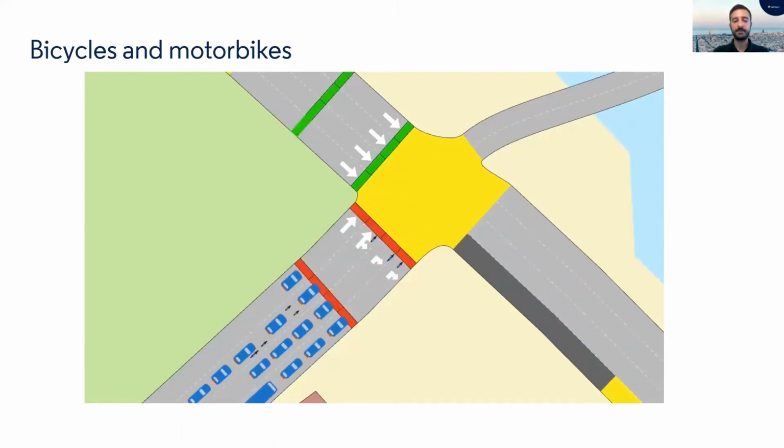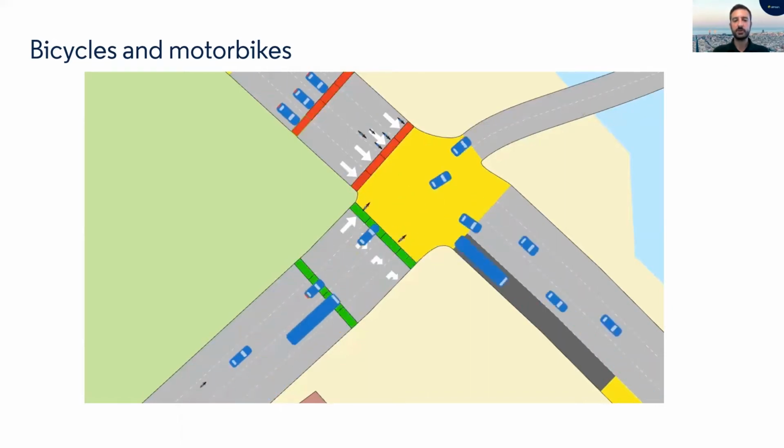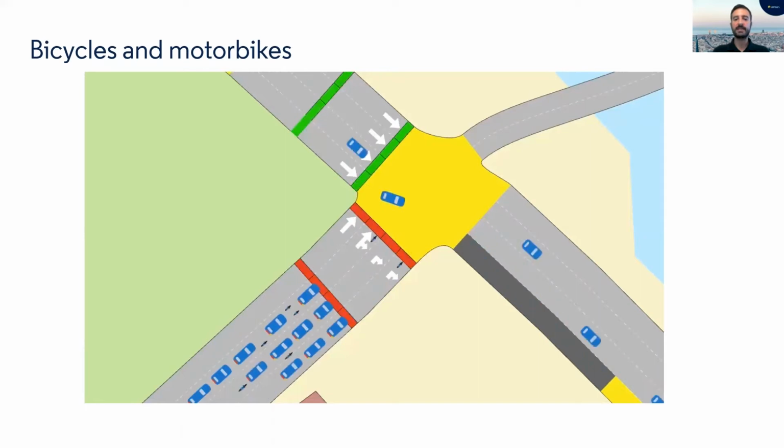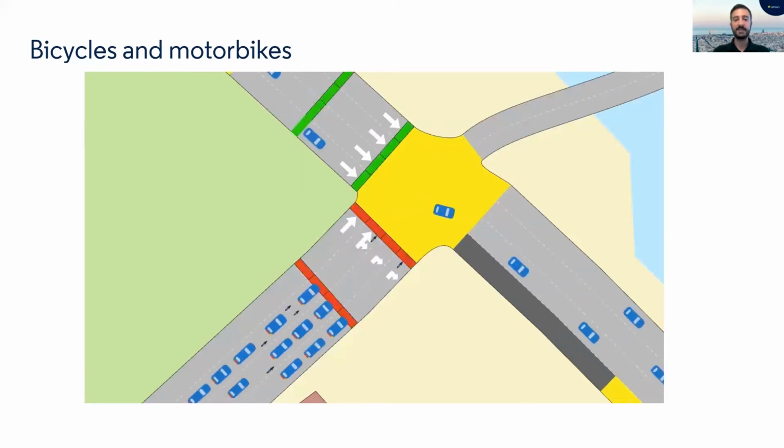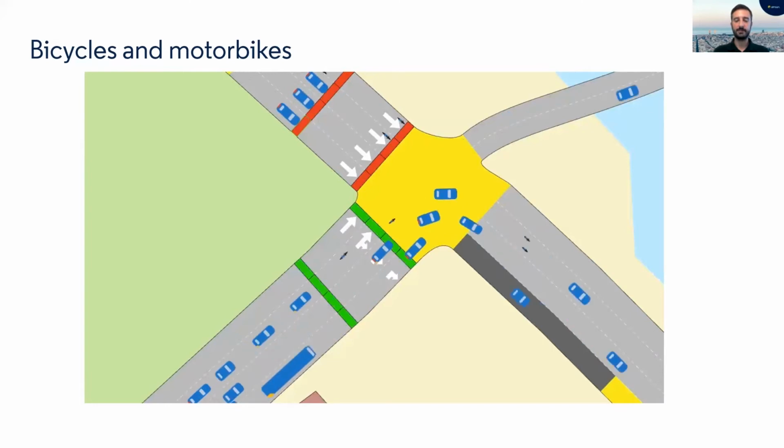To sum up, two-wheel vehicles such as rickshaws, tuk-tuks, motorbikes, bicycles, and four-wheel vehicles such as cars, trucks, and buses can share the road space and be modeled properly.